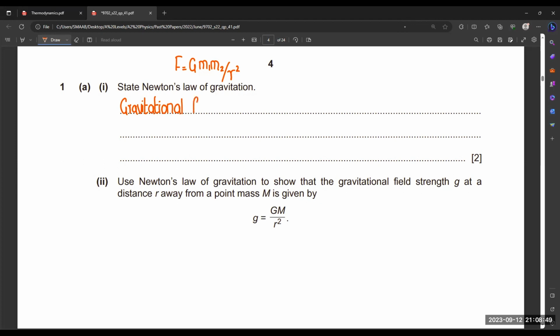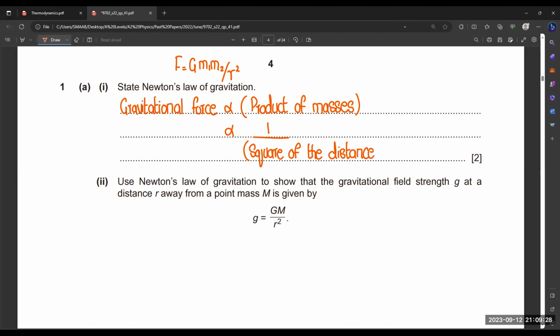So gravitational force is directly proportional to the product of their masses, and it is inversely proportional to the square of the distance between them, that is r square.